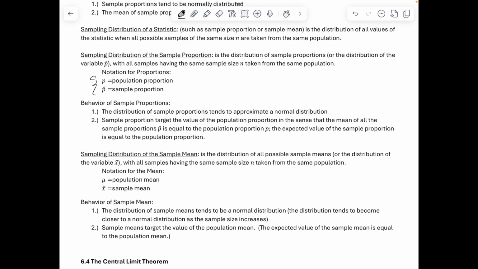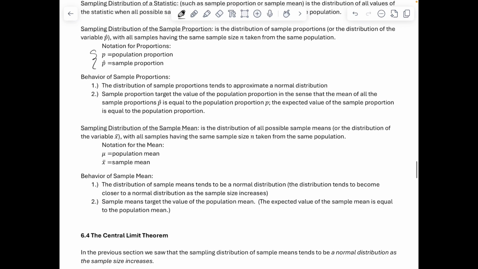So p is our population proportion and p hat is our sample proportion. Behavior of the sample proportion. 1 says the distribution of the sample proportion tends to be approximately normally distributed, and the sample proportion targets the value of the proportion of the population, in the sense that the mean of all the sample proportions p hat is equal to the population proportion p.